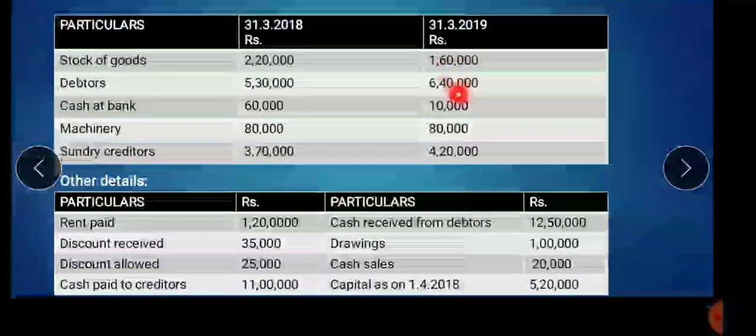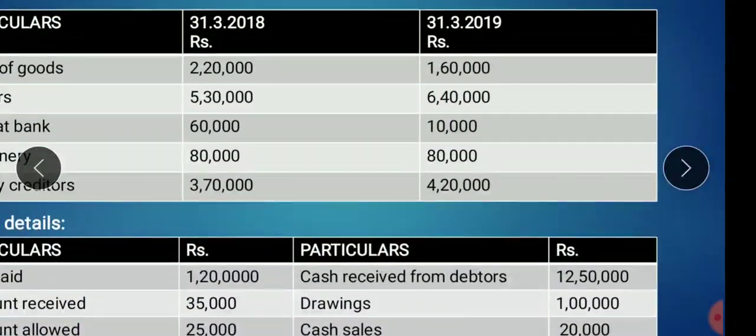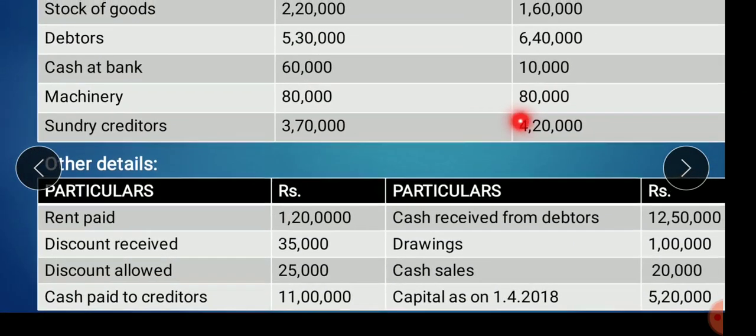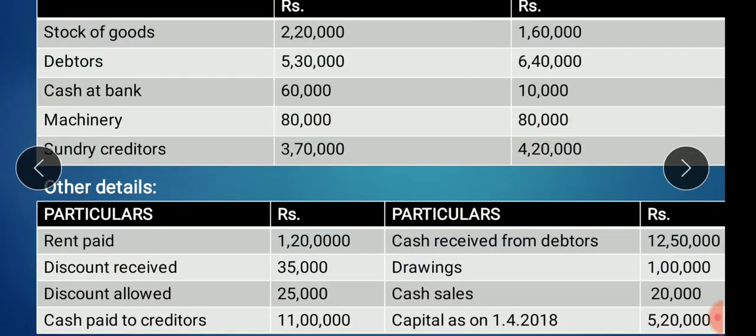Other information: rent paid 1,20,000, discount received 35,000, discount allowed 25,000, cash paid to creditors 11 lakhs, cash received from debtors 12 lakh 50,000, drawings 1 lakh, cash sales 20,000, capital as on 1/4/2018 5 lakh 20,000.